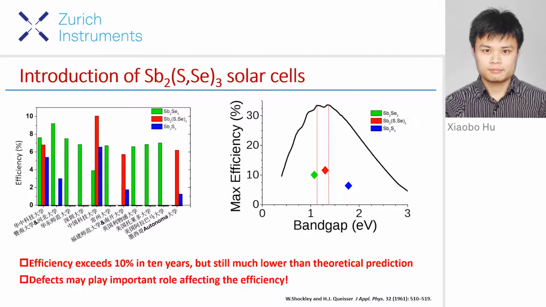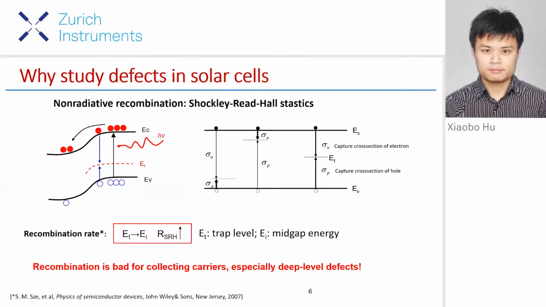However, this is still much lower than the theoretical prediction, which is about 30%. There are many possible reasons that may affect the efficiency, in which defects usually play important roles. Why do we study defects in solar cells?